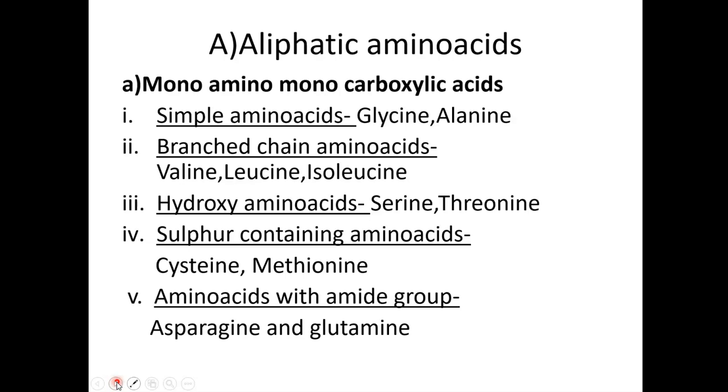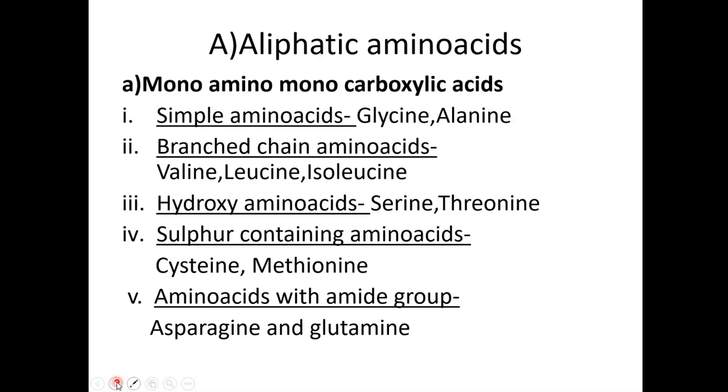Which are they? Simple amino acid, branched chain amino acid, hydroxy amino acid, sulfur containing amino acid, amino acids with amide group. So, which are the simple amino acids? The first and second amino acids, glycine and alanine. Branched chain amino acid, valine, leucine, isoleucine.